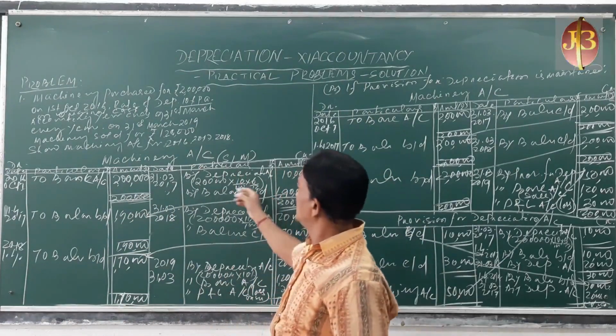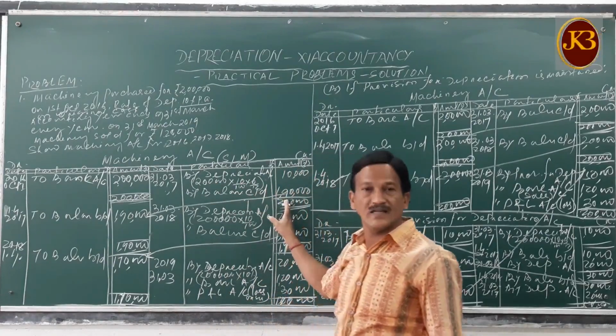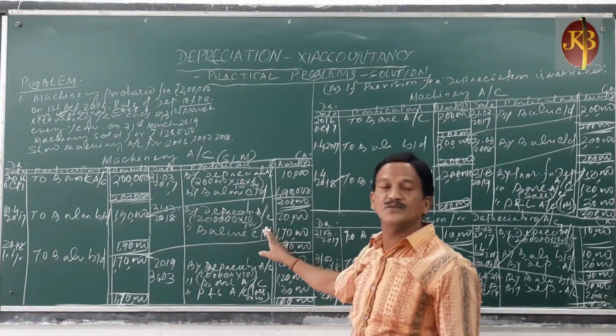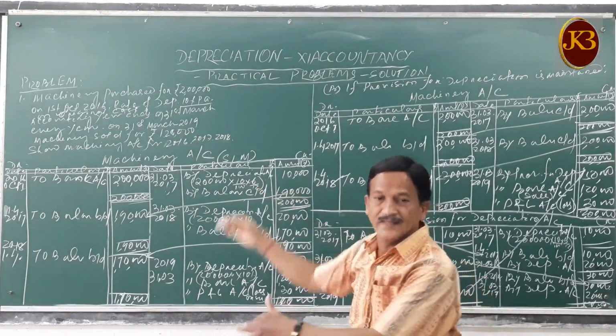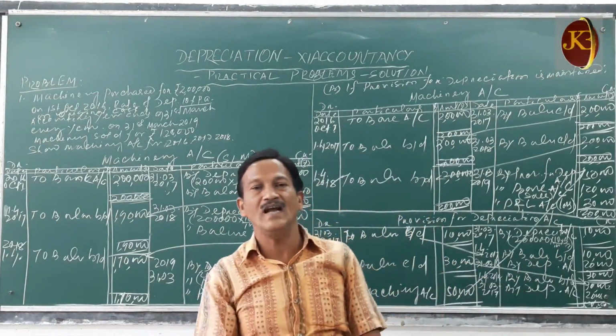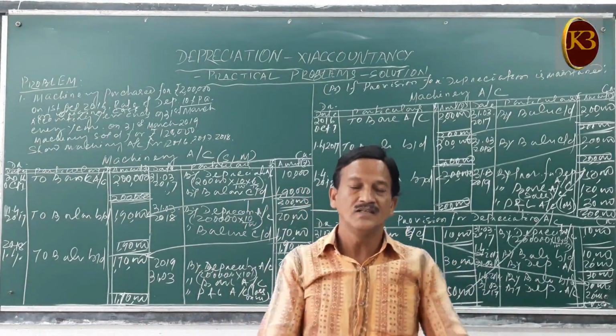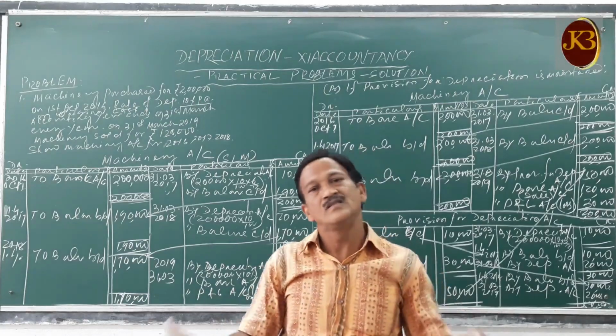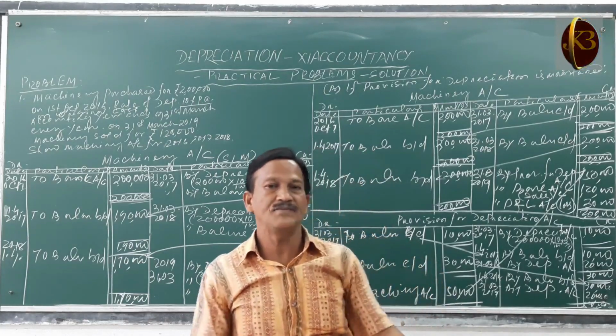In the written down value method, the first depreciation is charged, remaining 1,90,000. Again 10% of 1,90,000 is 19,000. Like this it goes. Only the difference is in the amount of depreciation, not in the recording or the accounting procedures. This remains the same. There is no difference.